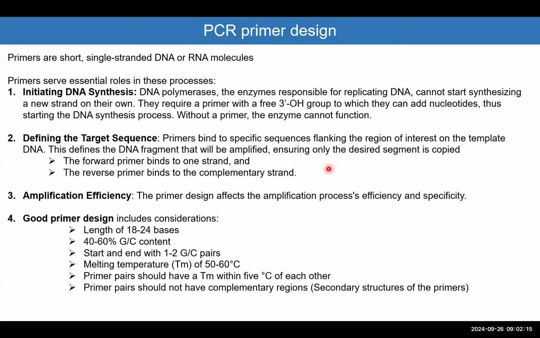So the primers, we need them in order to initiate the process of amplification, because the polymerases cannot simply fly into the DNA and bind somewhere and start duplicating or amplifying the DNA.